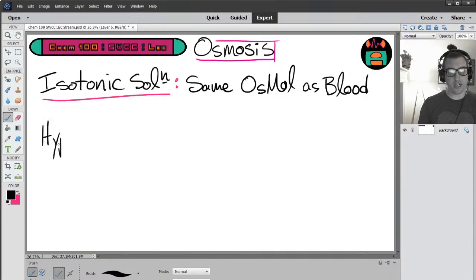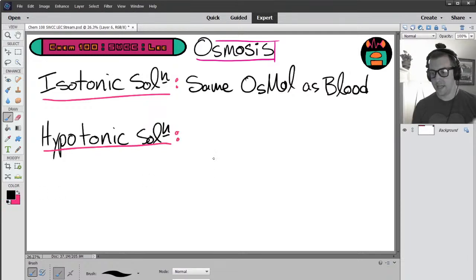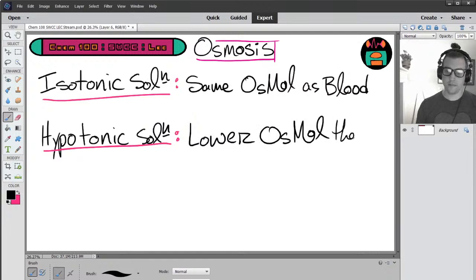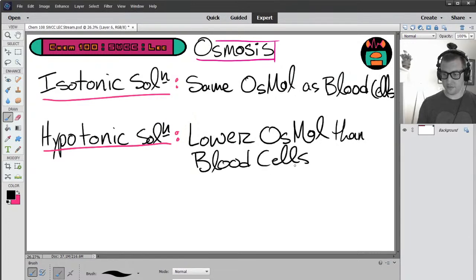A hypotonic solution is a solution with a lower osmolarity than your blood cells. All right.